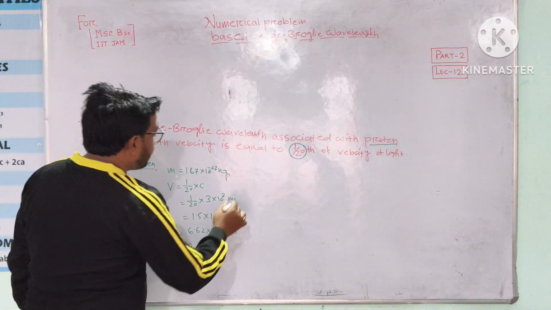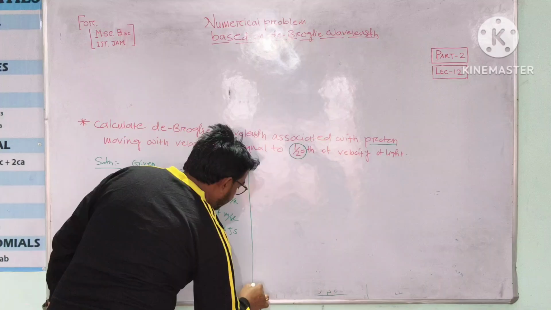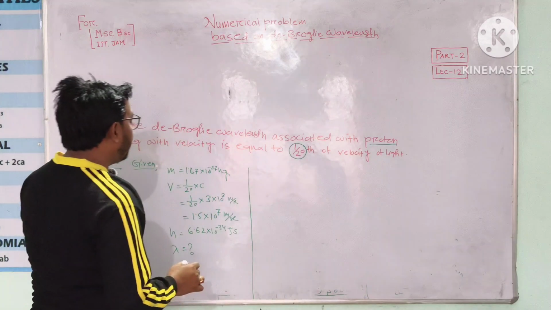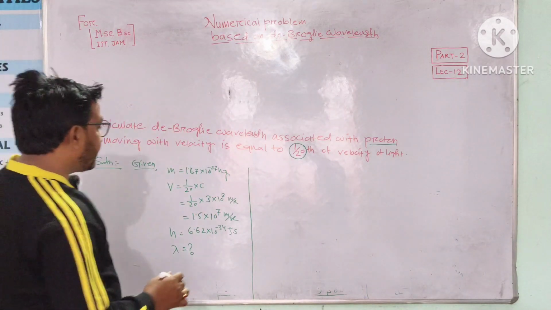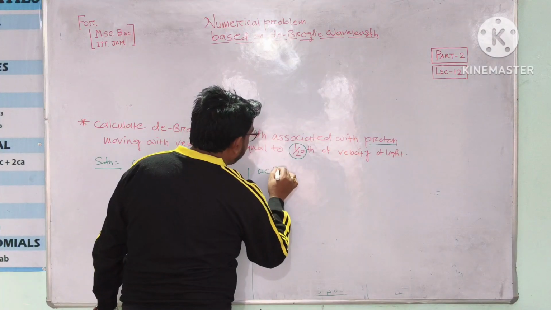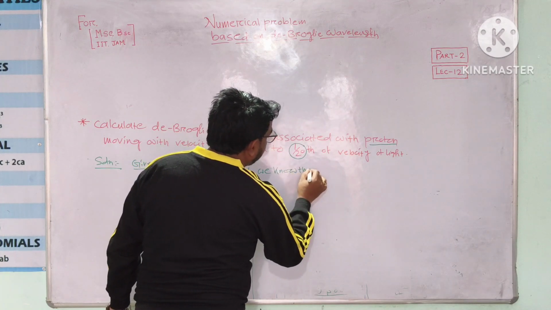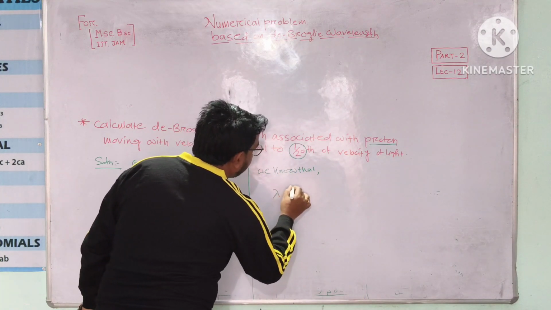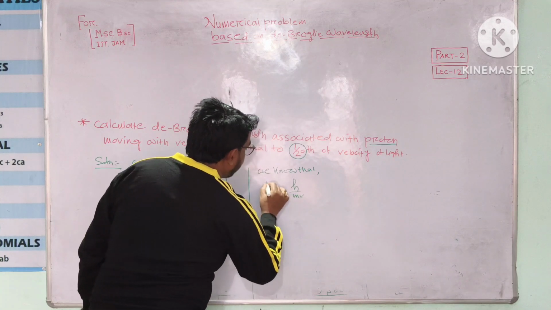Okay, so for this problem we can use the de Broglie wave equation. We know that lambda equal h by mv.